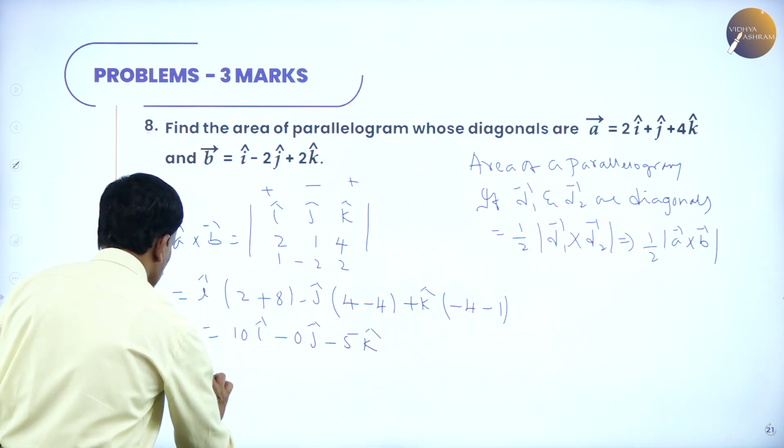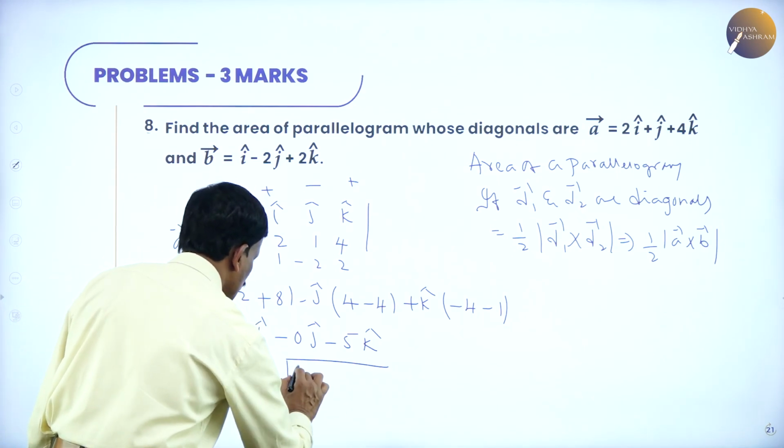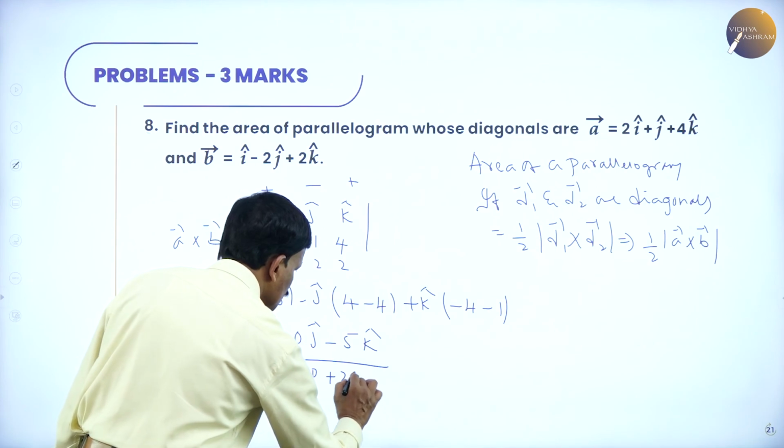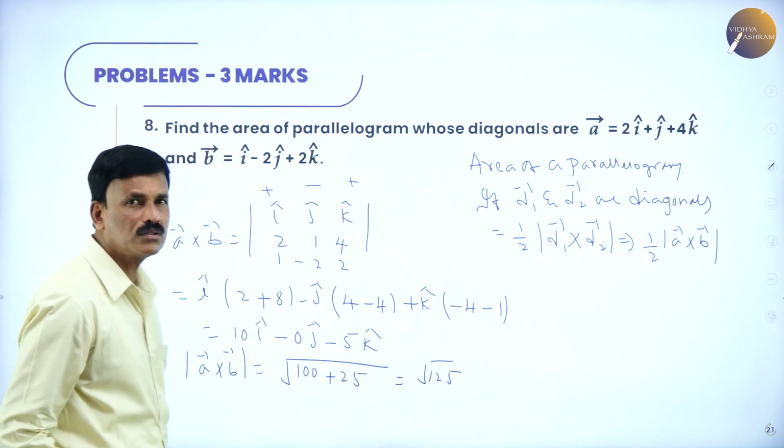So therefore, the magnitude of A cross B is equal to the root of 10 square, which is 100, plus 5 square, which is 25. This is 125. Okay.